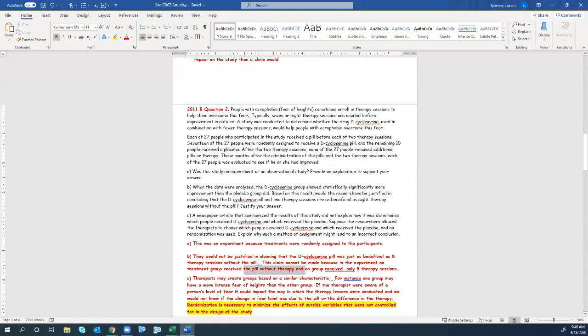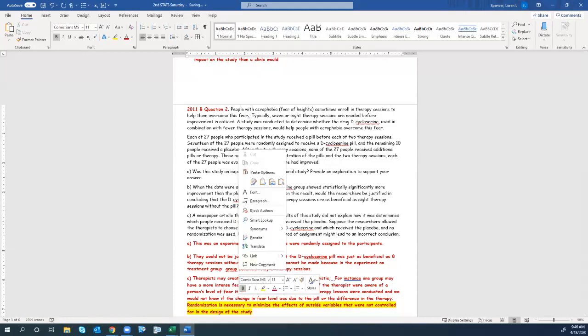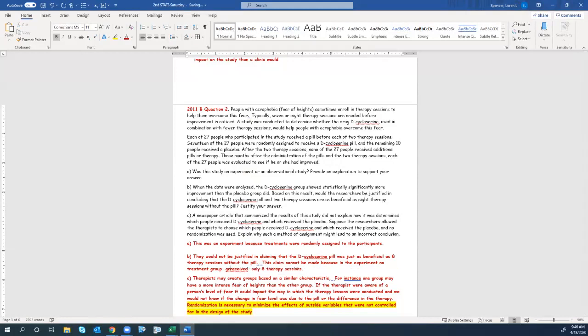I need to make a change here. Because no treatment group received only 8 therapy sessions. Since that was not tested, or that was not one of the treatments, we can't make that claim. Now, can we make the claim that medication with therapy is better than therapy alone?